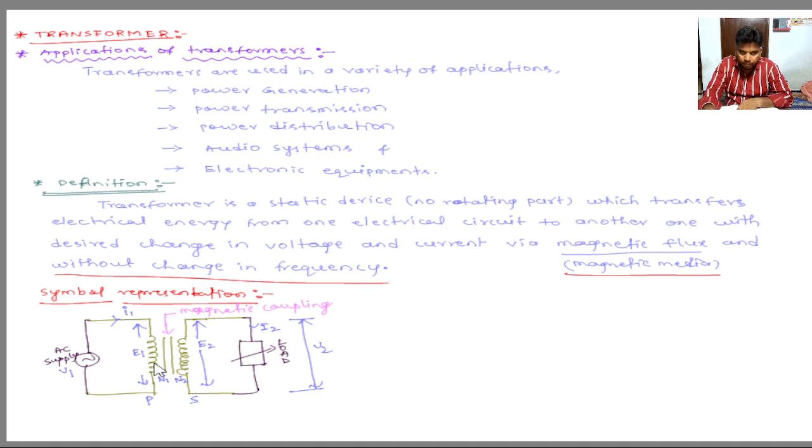Remember, the winding which is connected to the AC supply is called the primary winding. The winding which is connected to the load is called the secondary winding.